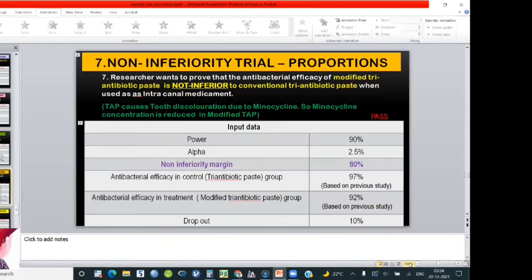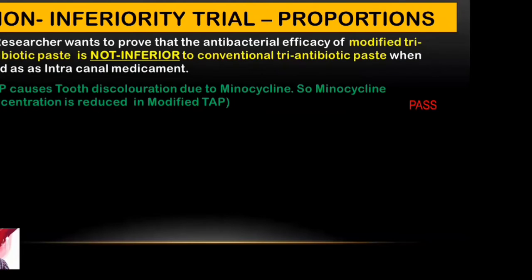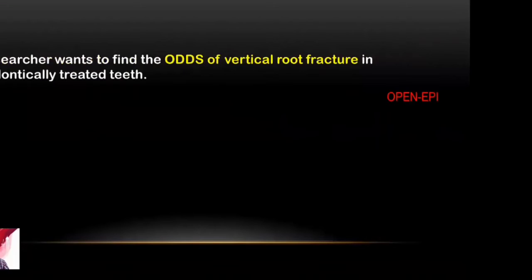So let me go into the next study design. Now it's an example for a case control study. A researcher wants to find the odds of vertical root fracture in endodontically treated teeth. You know very well endodontically treated teeth are more prone to vertical root fracture.